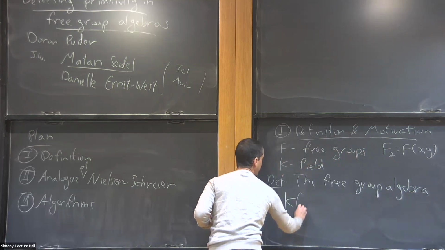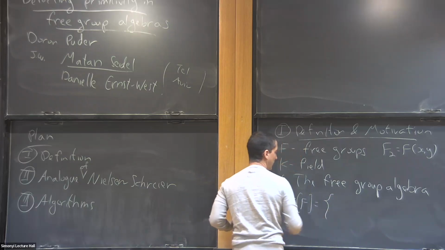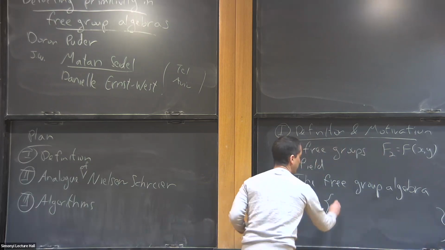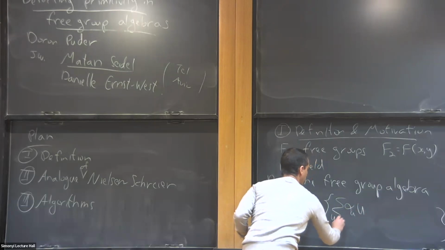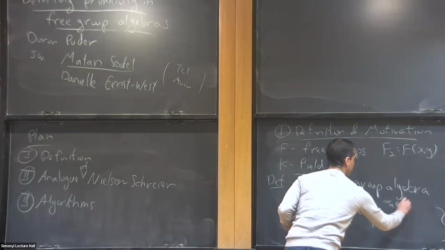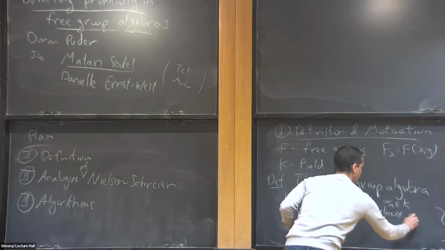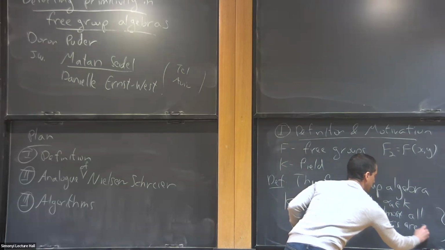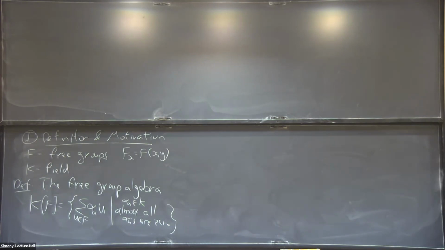I'm going to denote it by KF, and this is just finite combinations of elements from the free group with coefficients from the field. I will denote it by the sum of alpha_u times u, where I go over all the elements of the group, the alpha_u are in K, and almost all alpha_u's are 0. This is the free group algebra.